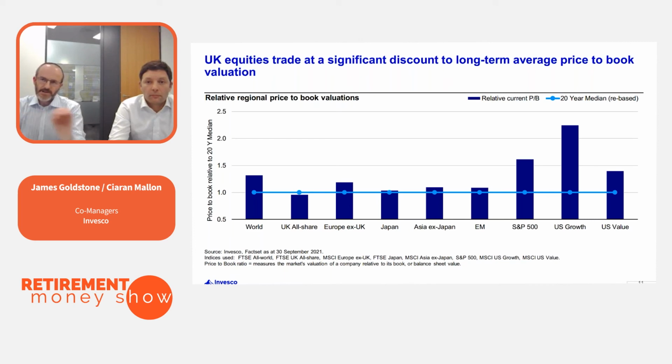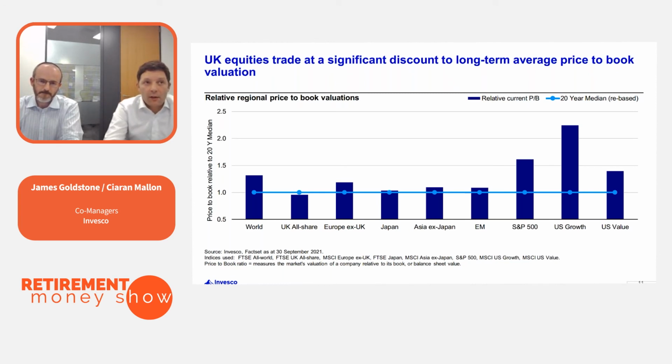And if it's below the light blue line, it means it's below the median for the past 20 years. And the UK, of the ones we've shown here, which includes the world index, but also some major markets around the world, the UK is below, and most other markets aren't. And that's been the case for quite a few years now, but the discount is beginning to narrow.